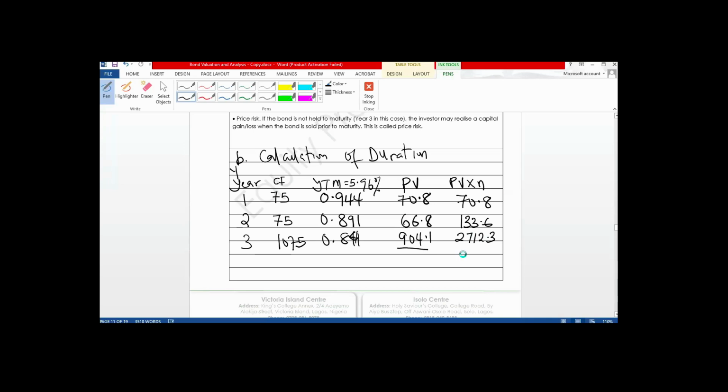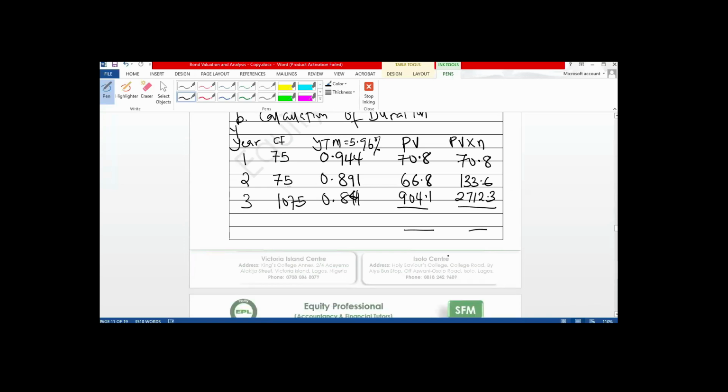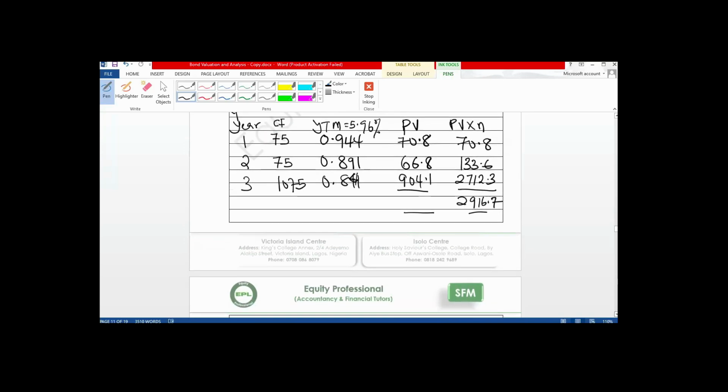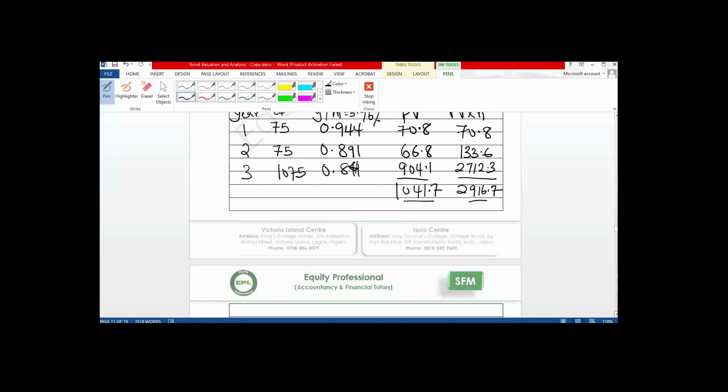Please sum up the present value, then the sum of present value multiplied by n. That is 2916.7 for present value multiplied by n, and 1041.7 for present value. This is your second step.